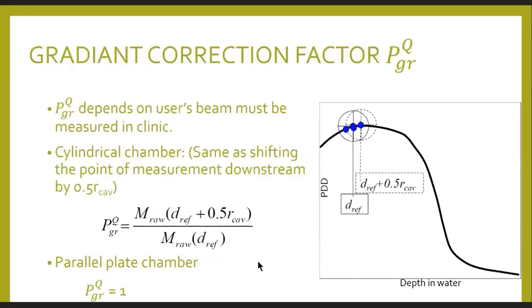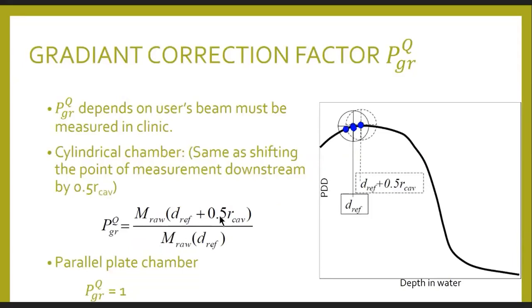And the last correction factor we have here is the gradient correction, since they maintain the position of the chamber for both depth dose measurement and reference dosimetry. So the gradient effect has to be accounted for by this value.